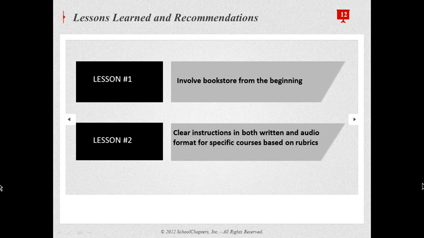Lesson 2 is that there are really good instructions from school chapters that they give you. They're pre-prepared, but what we did find that our students, as community college students are, they need to hear things and see things, multiple intelligences. So I created some audio files based on the specific rubrics for the course.